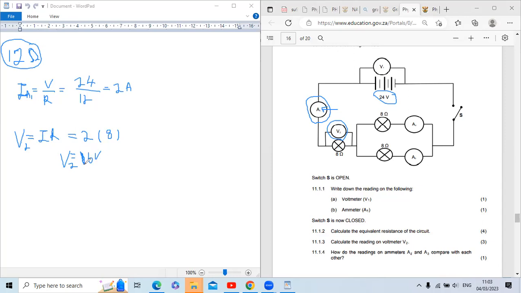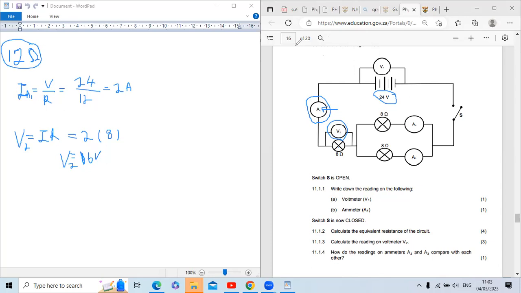Now, there's also another, more complex method you can use to find this without having to find the ammeter reading. But I think it's better that I explain that method to you face to face than here.